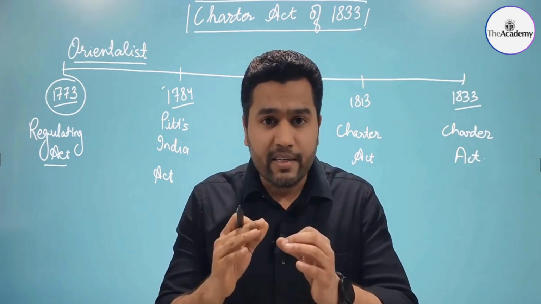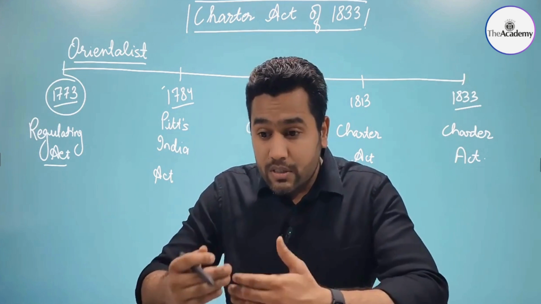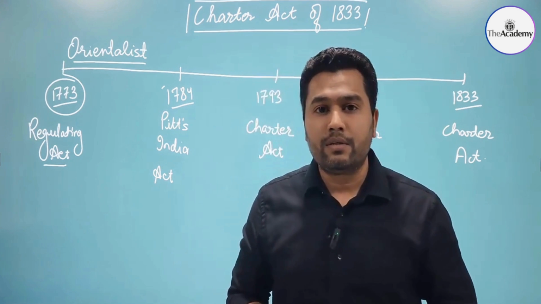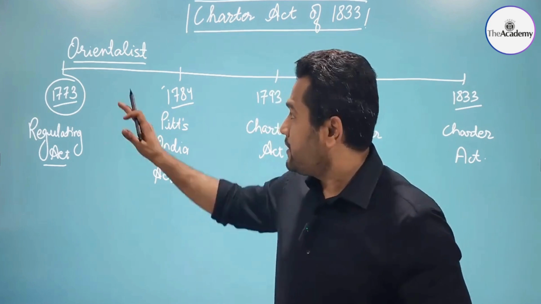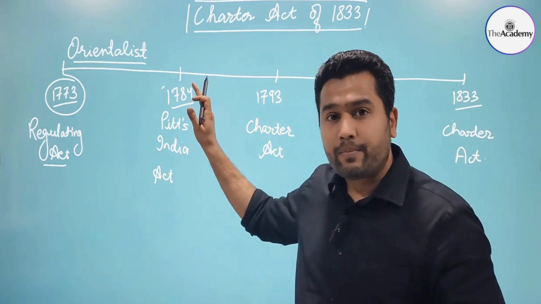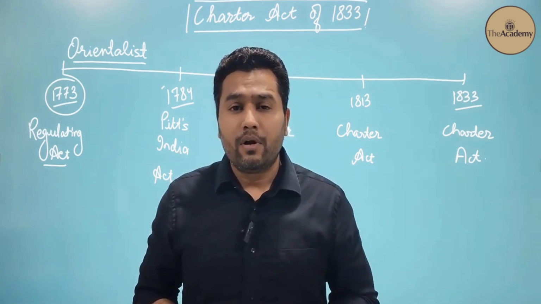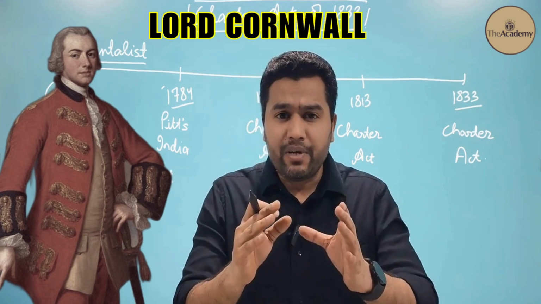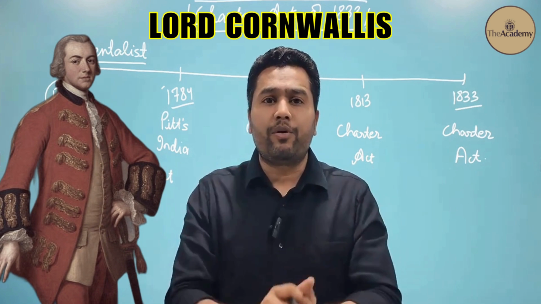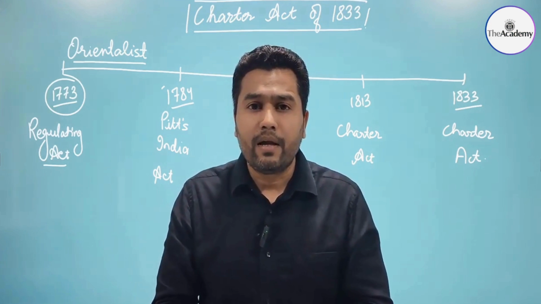This was used by the British to look down upon Indians. So after 1784, especially after 1786 and 1790s, the Britishers claimed superiority. Lord Cornwallis championed this claim of superiority.